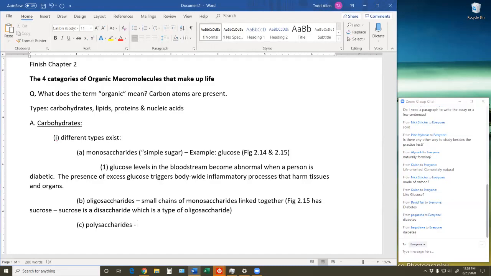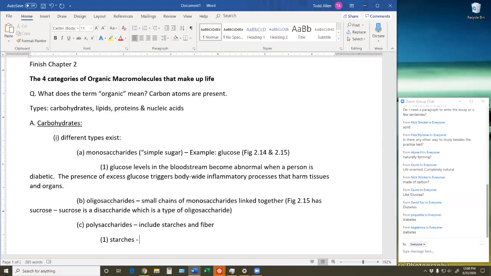Polysaccharides would include starches and fiber. Starches are important in your diet, and they have to be considered important, particularly for people that struggle with diabetes, because starches can in fact be broken down into simple sugars, which raise the blood sugar level.